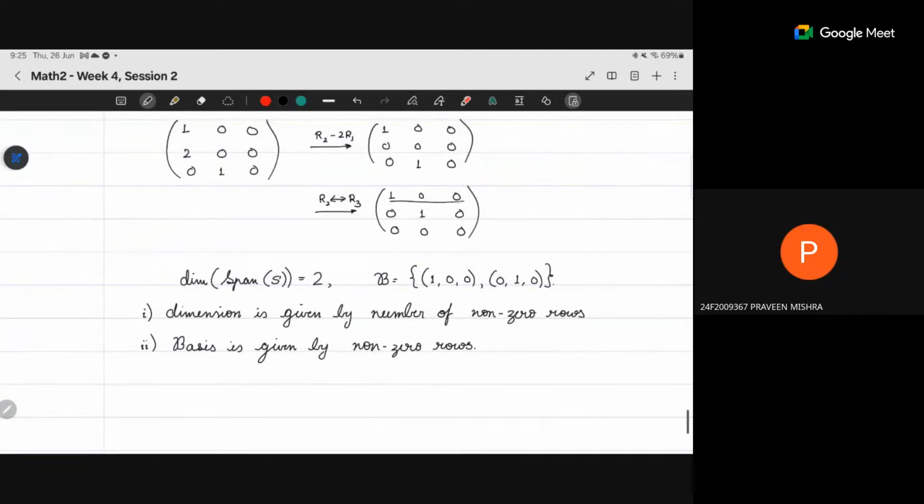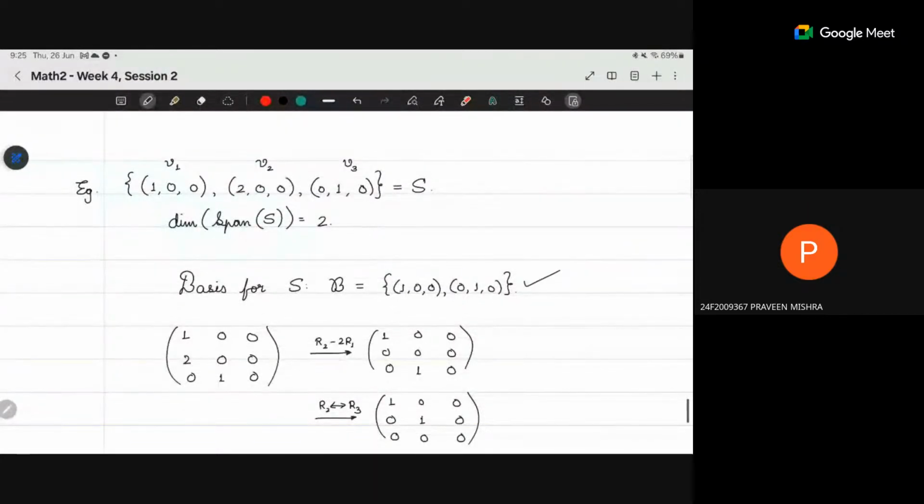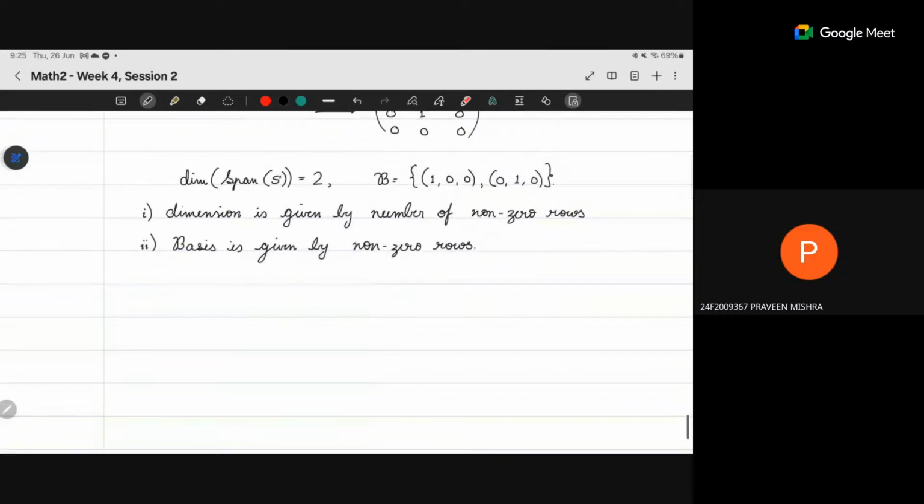So in this case, it is (1, 0, 0) and (0, 1, 0). That happens to be a basis very clearly. Over here also, we got it. We may not get the same thing. Just to show that, I'll take up another example.